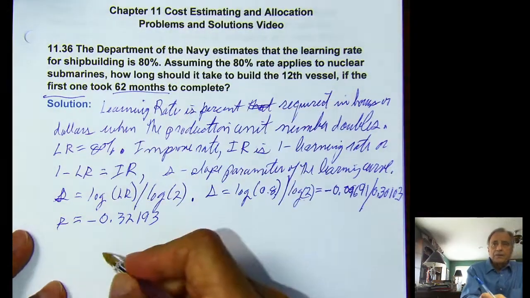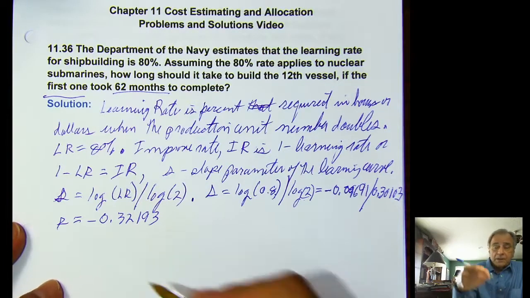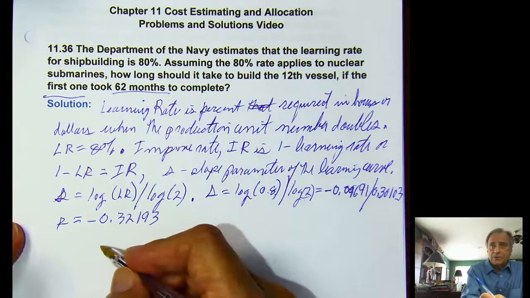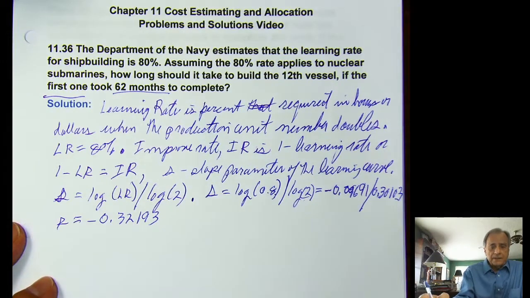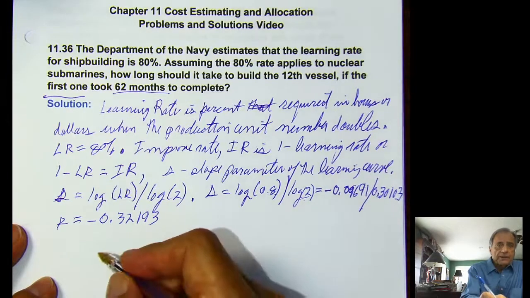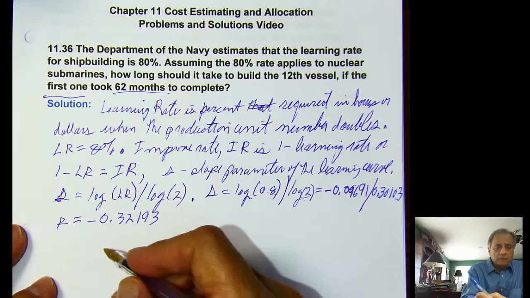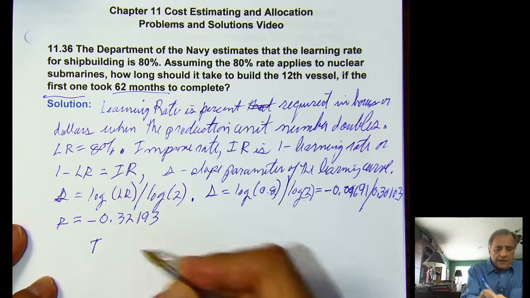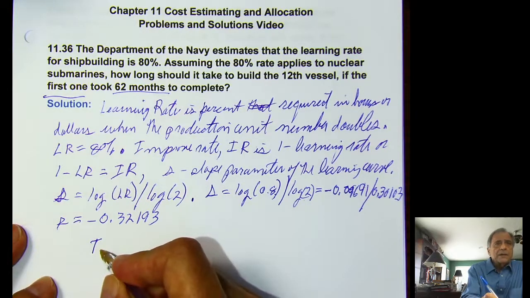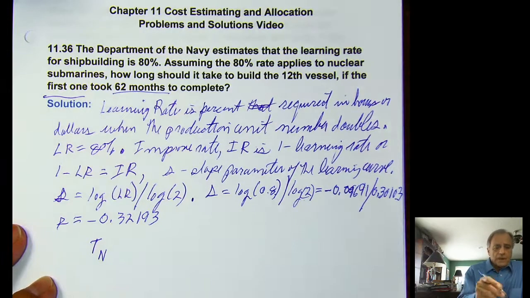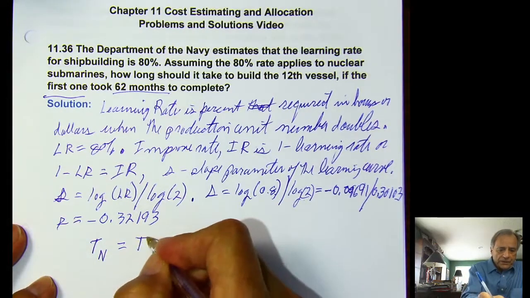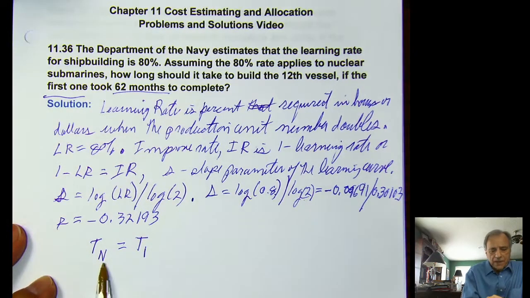So the formula, again, from class 22 lecture notes or from your book, actually it is equation, I think 11.7, something like that. The formula is that the nth unit, T sub n, is equal to the first unit. This is the number of hours, months, dollars, whatever it is.